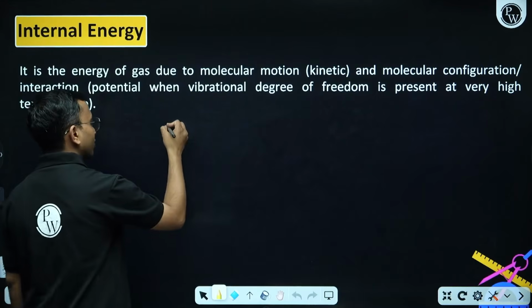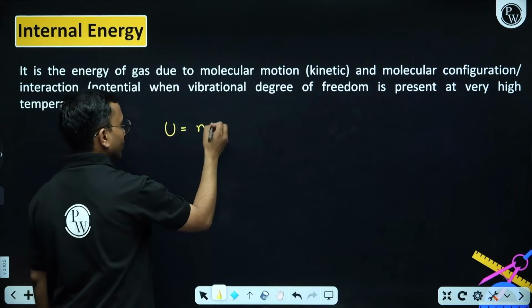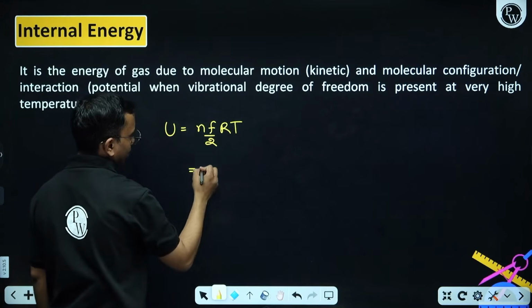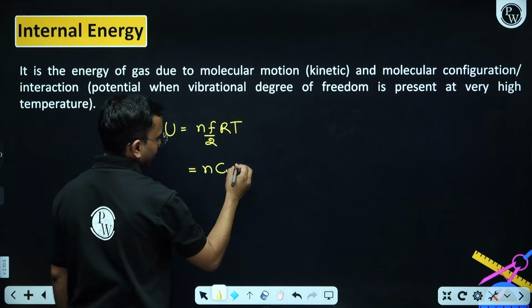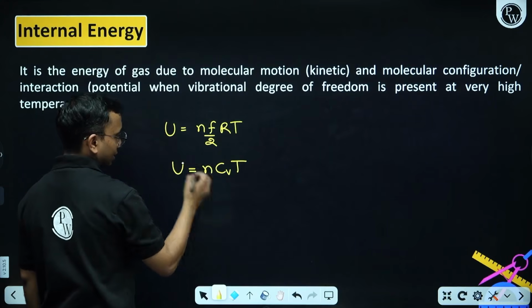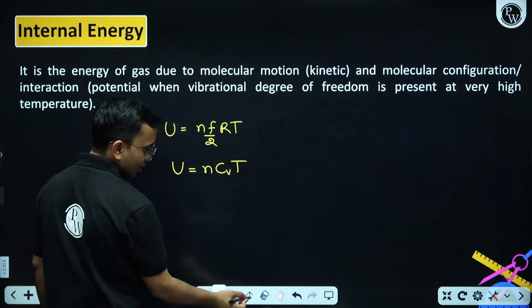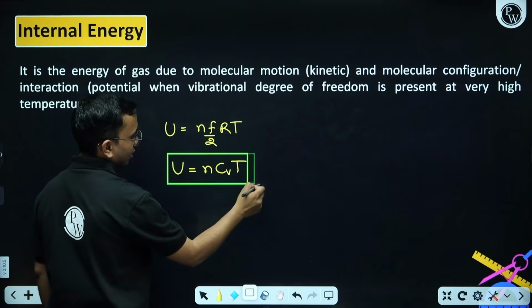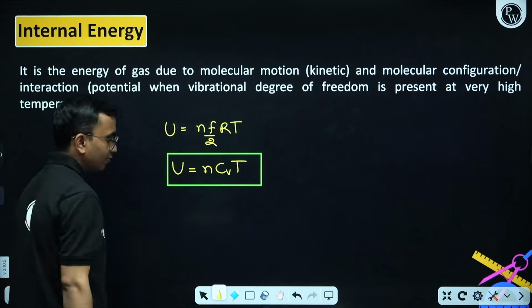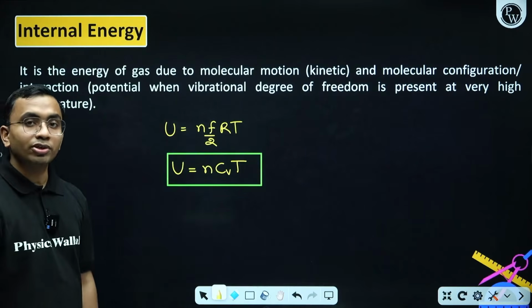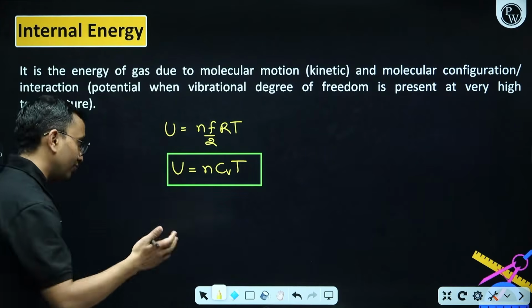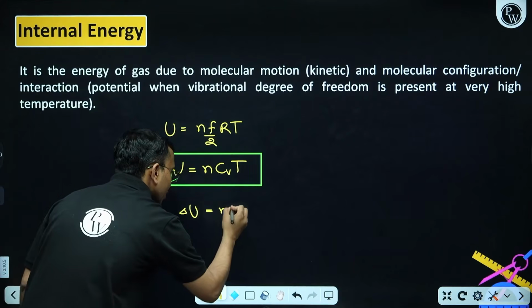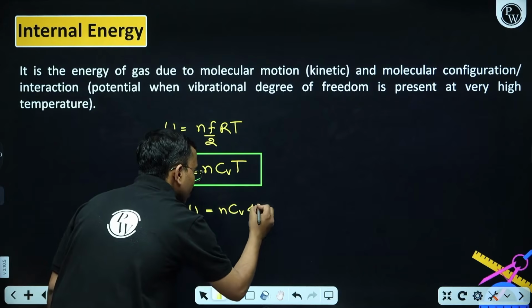For n moles, we write internal energy as n into f by 2 RT, or f by 2 R we know is CV, so I can write it like this also, n CV into T. This is the internal energy. If the temperature changes by delta T, then we write the change in the internal energy as n CV into delta T.